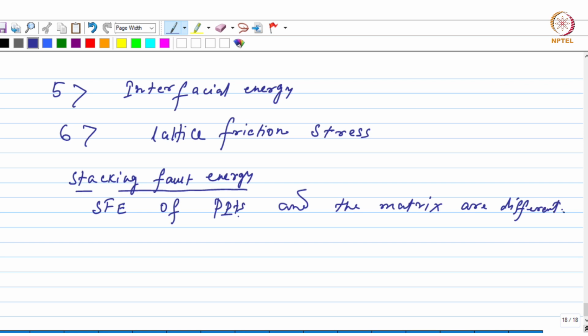And this is basically due to a local variation in the stacking fault width. As a result of this, the dislocations will find it difficult to move through the precipitates.